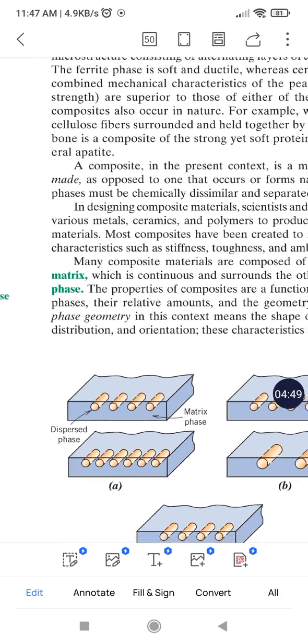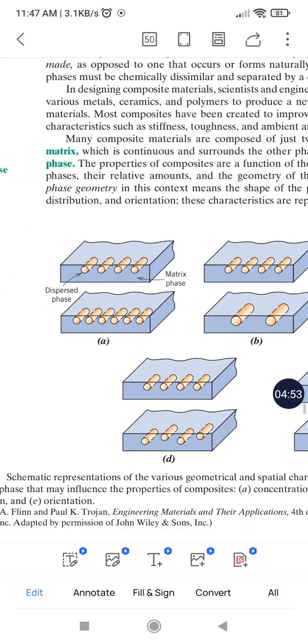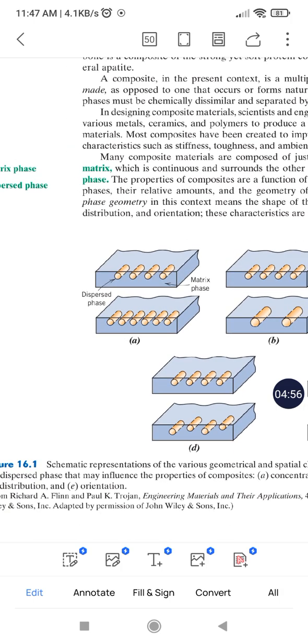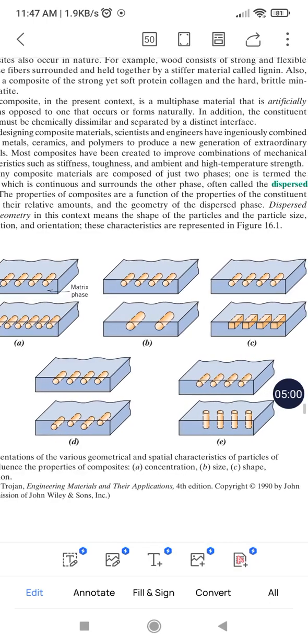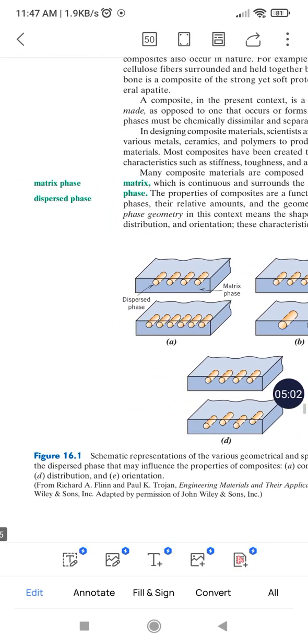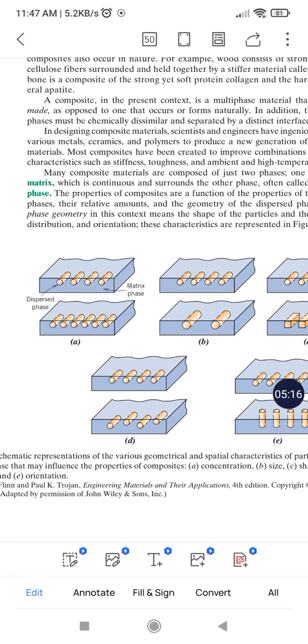We can have different types of composites, as you can see in this picture. It is the schematic representation of various geometrical and spatial characteristics of particles of the dispersed phase. The dispersed phase can be arranged inside the matrix in different ways. In part A, the concentration differs.